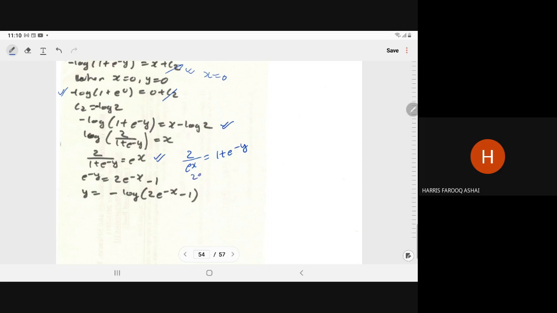So e to power minus y is equal to 2 e to power minus x minus 1. So that can be written as y is equal to minus log of 2 e to power minus x minus 1.